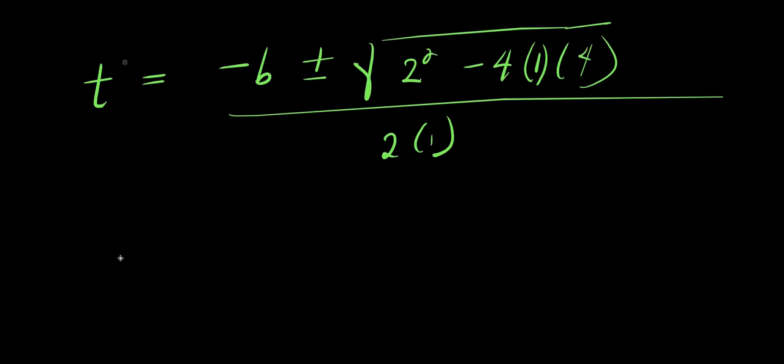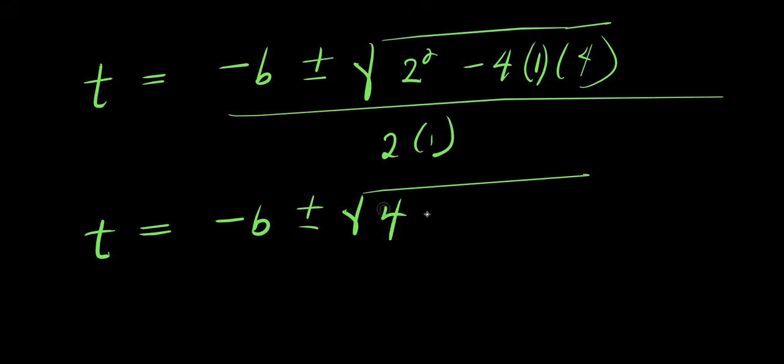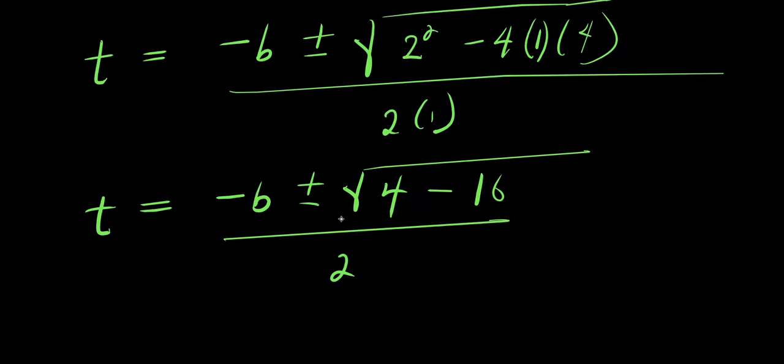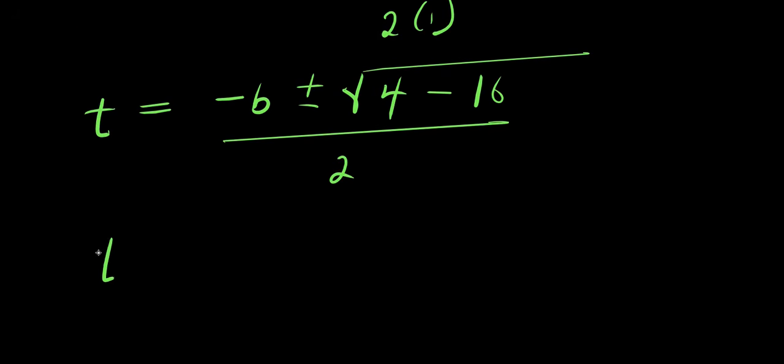So from here, you have t equals negative b plus or minus square root of 4 minus 16, divided by 2. So from here, we have t equals negative b plus or minus square root of negative 12.